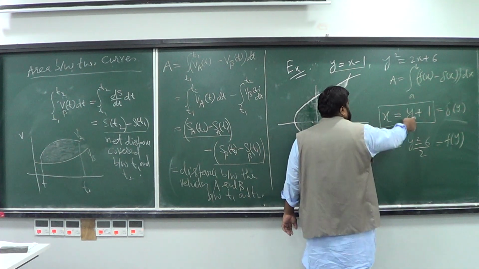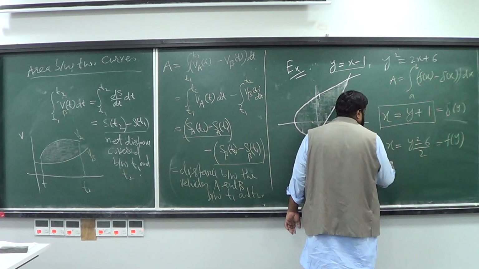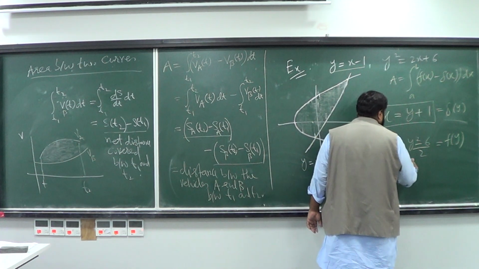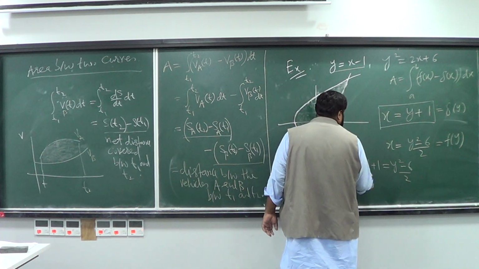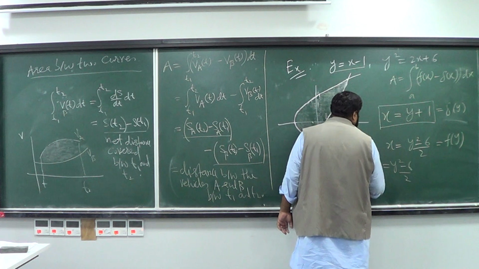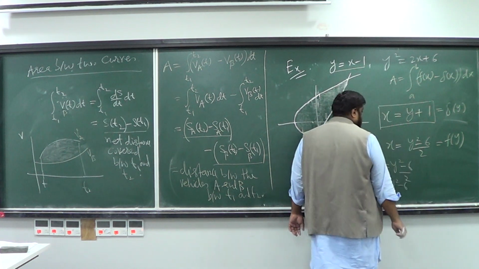In order to compute the intersection, you need to equate both equations. So let's set y plus 1 equal to (y square minus 6) upon 2. This becomes 2y plus 2 equal to y square minus 6.